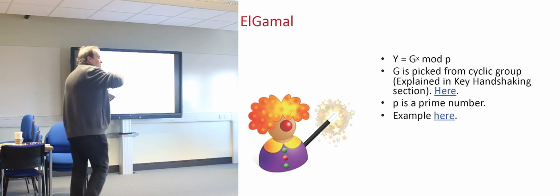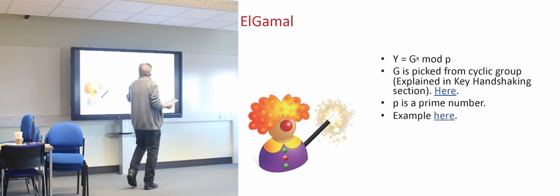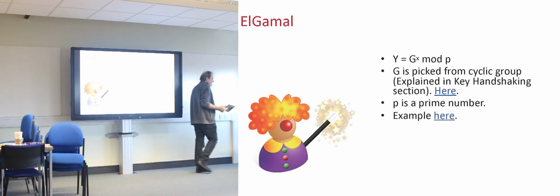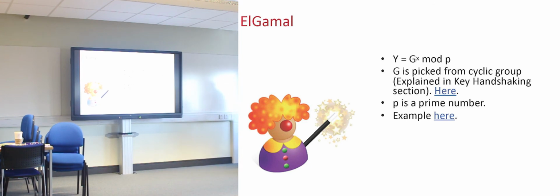Okay, you need to go away and have a look at this, but there are values of g that just don't work. So I've put examples in there. For a prime number of 53, the only values that will work are these values. So you can't pick 4 and so on.